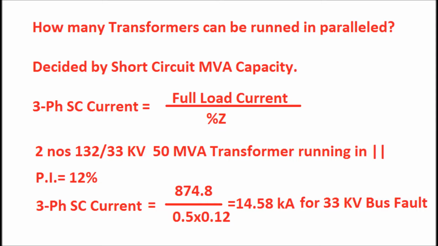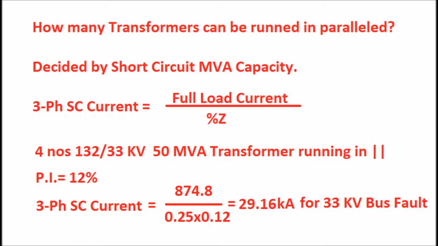Since two transformers are running in parallel, it will be half of the percentage impedance, that is 0.5 into 0.12, which gives 14.58 kiloampere for a bus fault in the 33 kV bus.